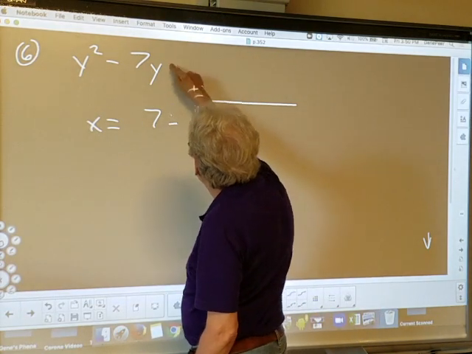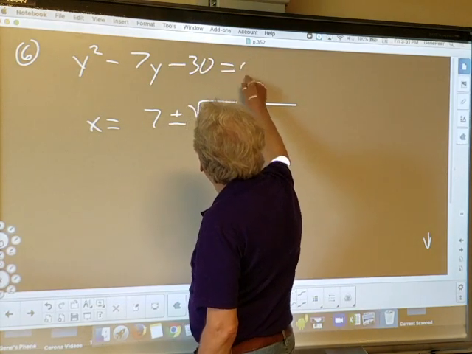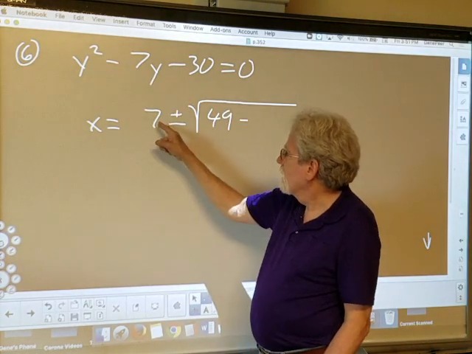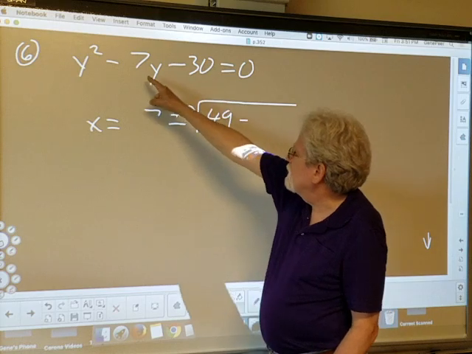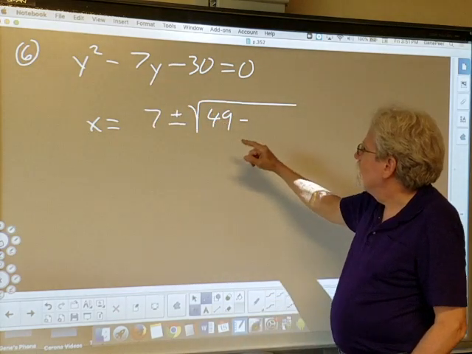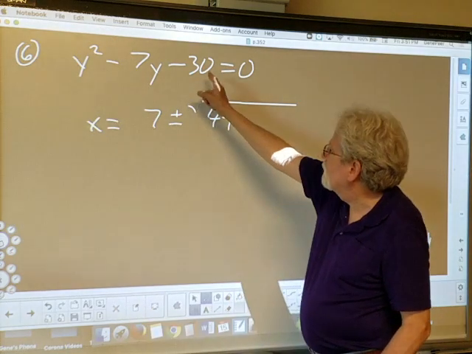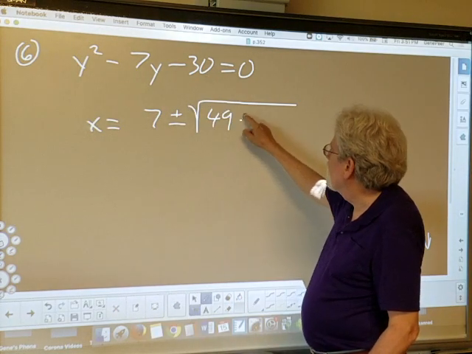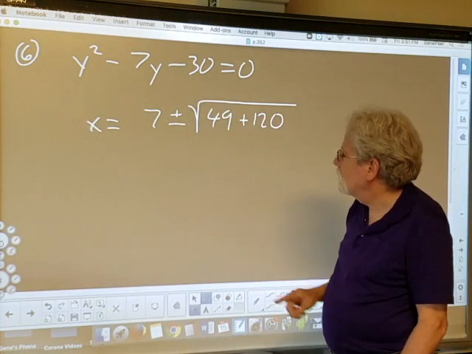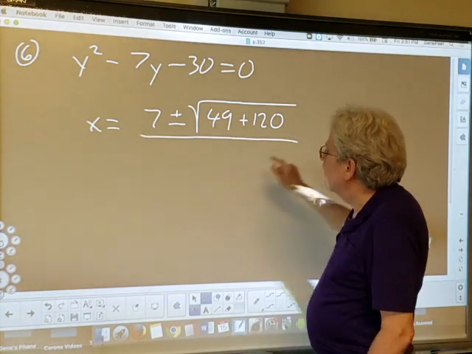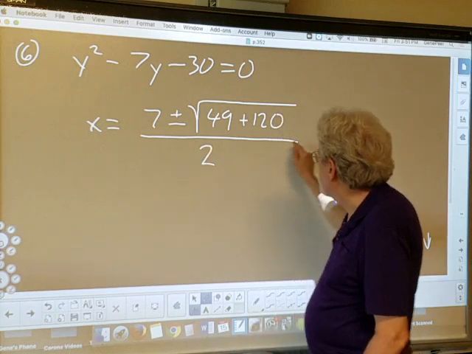We'll just put a minus 30 equals 0, and we continue on. So we have our inverse b plus or minus the square root of b squared, that's 49, minus 4 times a times c. That's going to be plus 120 because it was minus a negative. All over 2 times a, which is just plain 2.